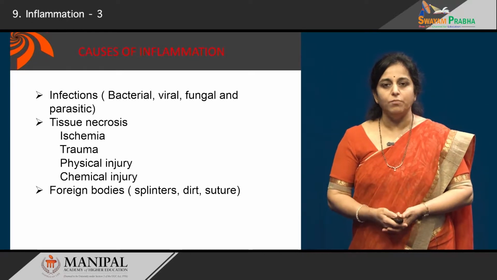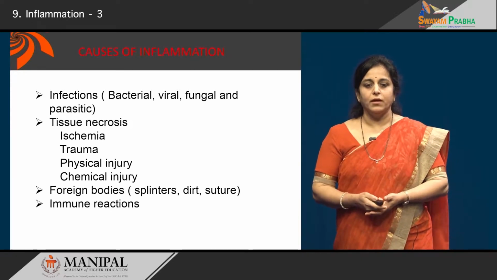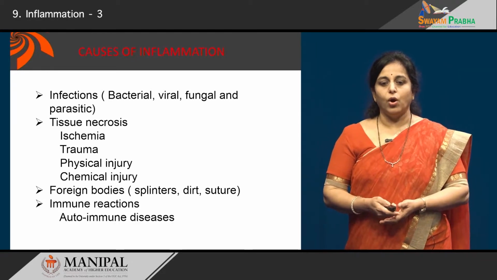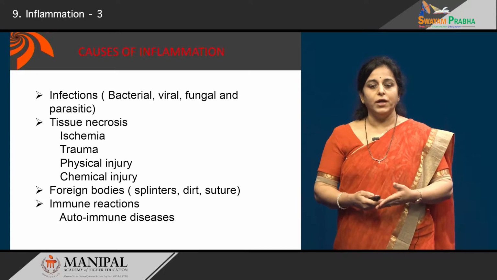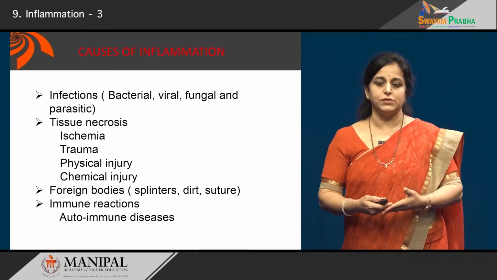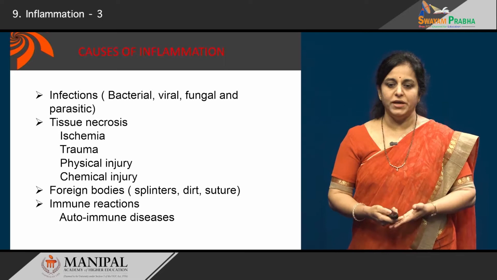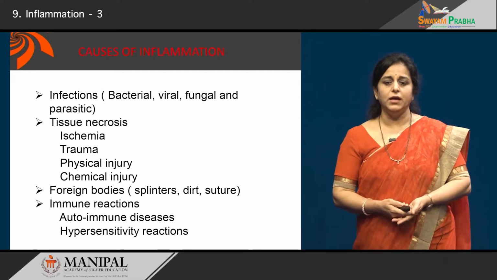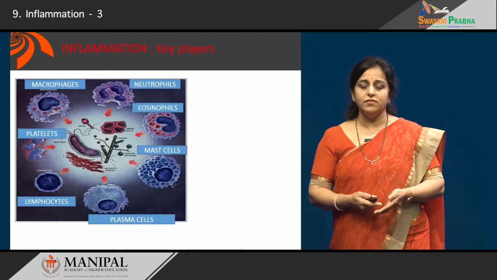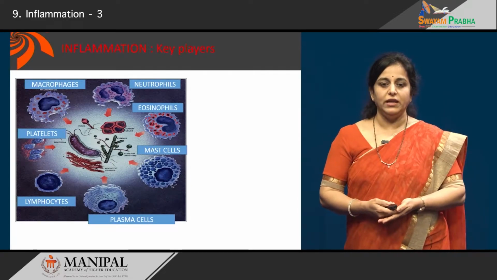Any entry of foreign bodies into the body, immune reactions, for example, autoimmune diseases. In this condition, body recognizes self antigens as foreign and there is inflammation against one's own cells. Also hypersensitivity reactions. These are the key players that play a role in inflammation.